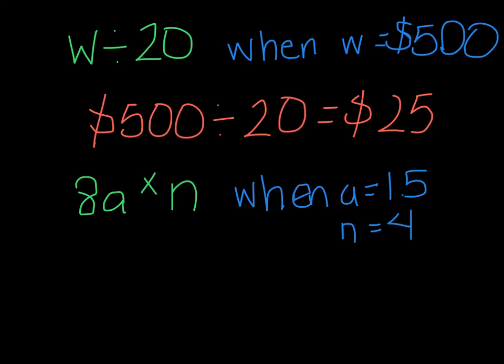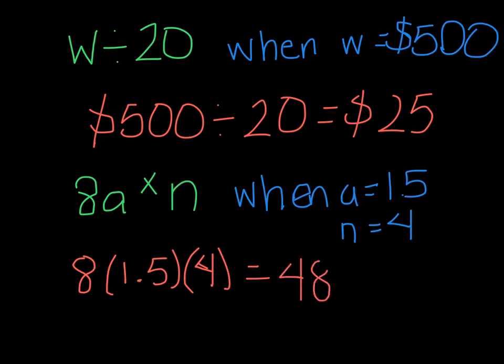Okay, so now I just need to plug in my variables that they've given me. So I have 8 times a, which they've said use 1.5, times 4 equals, when I multiply that all out, it equals 48.